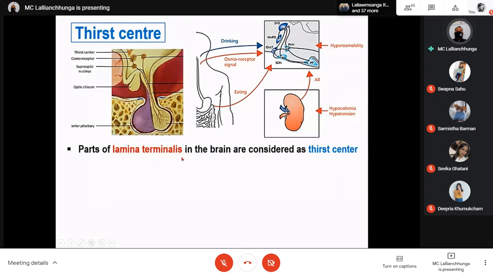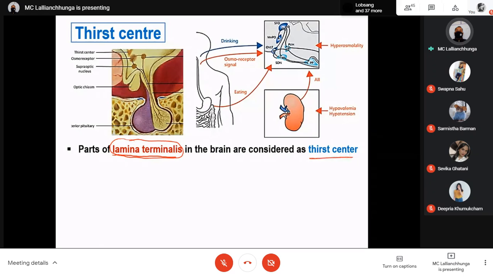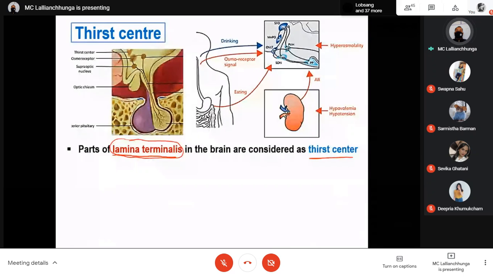Lamina terminalis is there in the brain, or we can say in the anterior hypothalamus. Some parts of this lamina terminalis are considered as the thirst center. So in the first diagram, you can see this is the thirst center, just above the normal osmoreceptor.